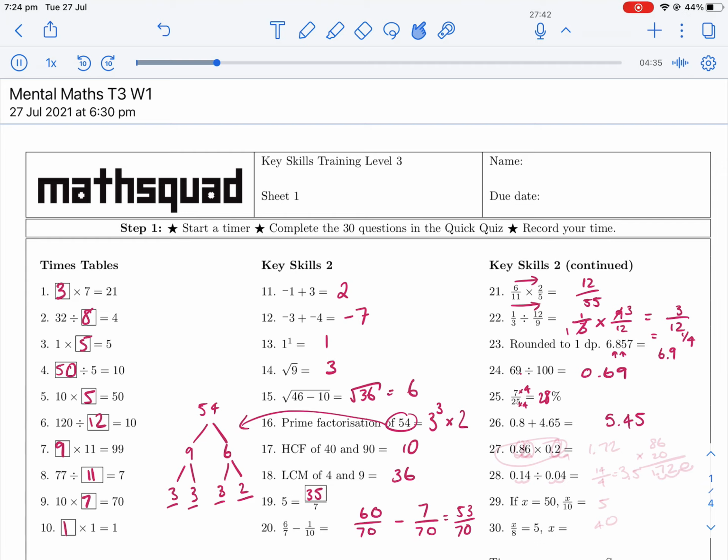Alright, let's do this one as a vertical algorithm. So we've got 0.86 times 0.2. Alright, 2 times 6 is 12. 2 times 8 is 16. Add 1, 17.